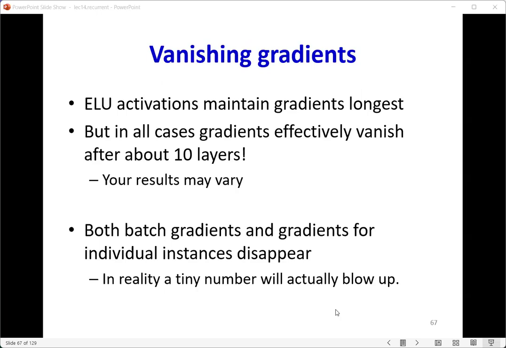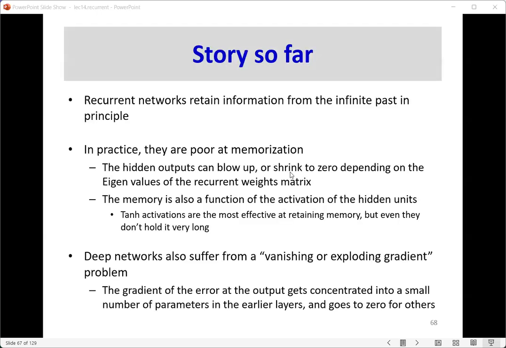Okay. So in both cases, the gradients vanish or disappear. So we have this business with vanishing or exploding gradients. So the story so far: recurrent neural networks retain information from the infinite past in principle. In practice, they are poor at memorization. The hidden outputs can blow up or shrink depending on the eigenvalues of the recurrent weight matrix.